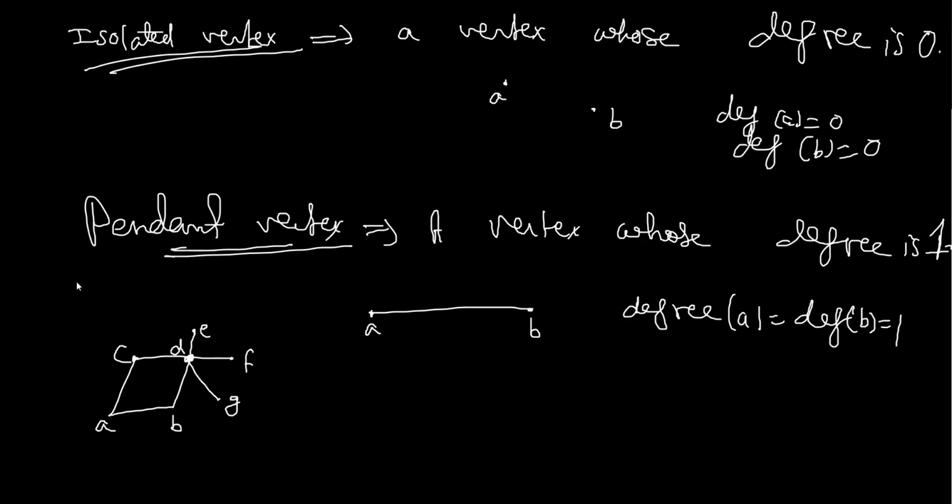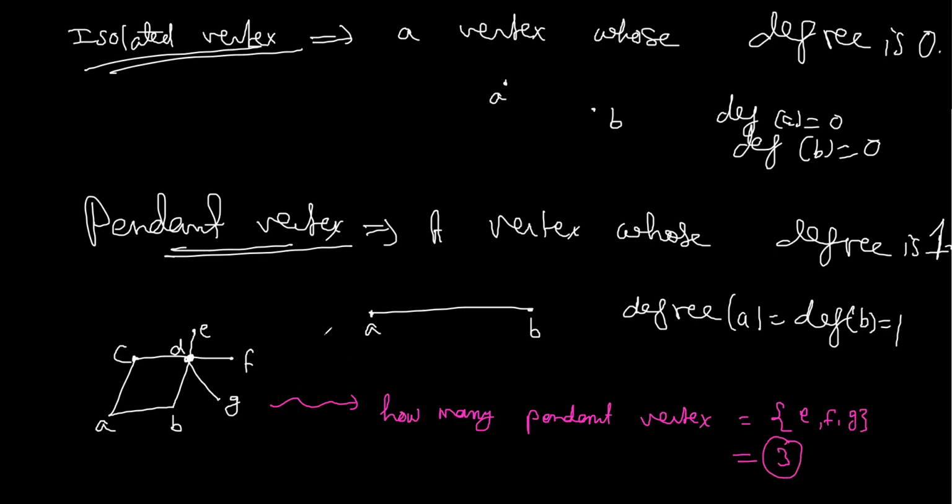Tell me how many pendant vertices are there in this graph. These are pendant vertices. So there are only three pendant vertices because these vertices have degree one. Understood? Note this.